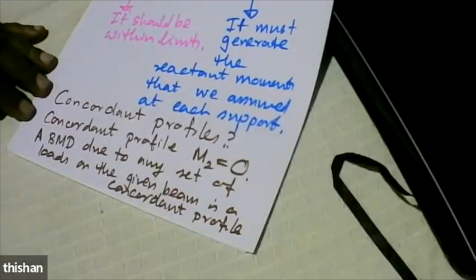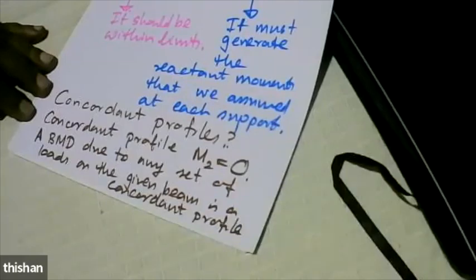So if the secondary moments are 0, can the beam lift up at the supports? No. That means the curvatures that you get due to a concordant profile will be compatible with the curvatures that you get due to any set of loading.